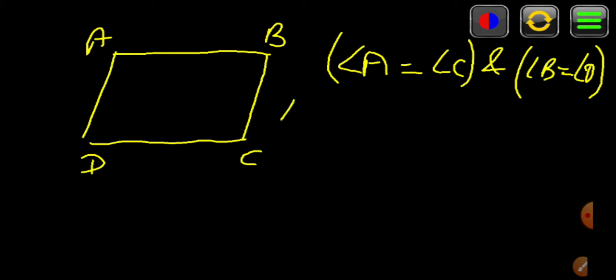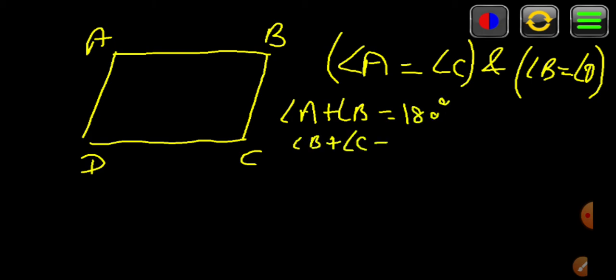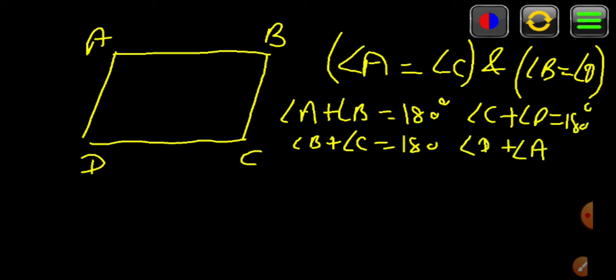That means angle A plus angle B is equal to 180 degrees. Angle B plus angle C is equal to 180 degrees. Angle C plus angle D is equal to 180 degrees. And angle D plus angle A is equal to 180 degrees.